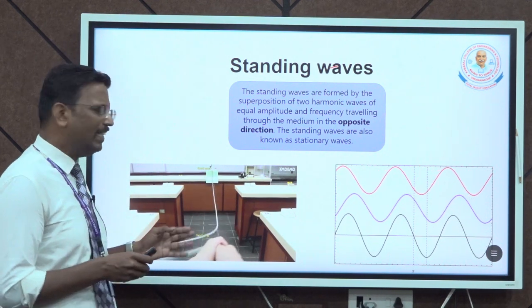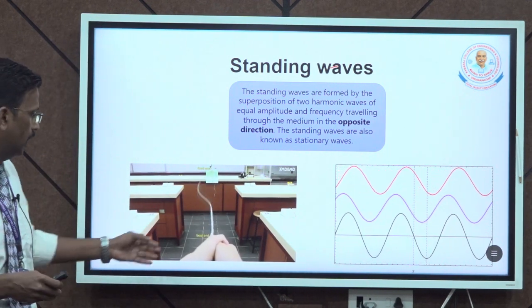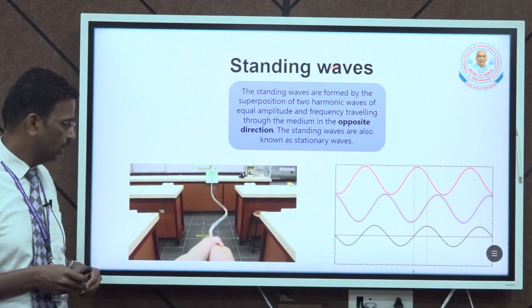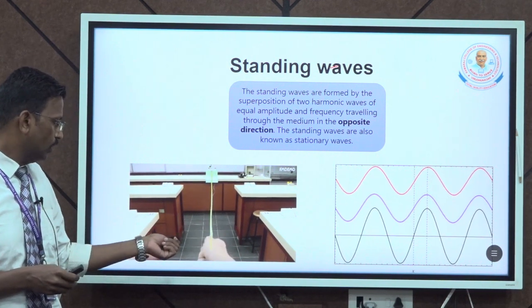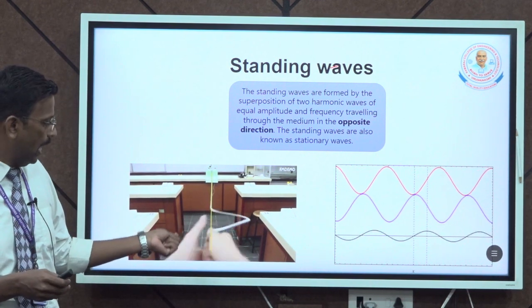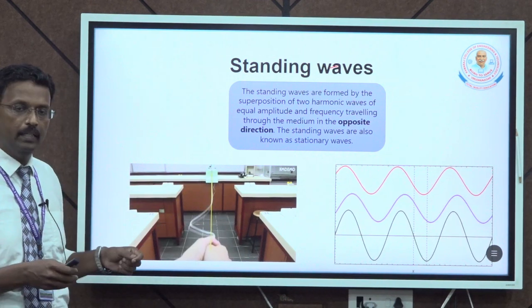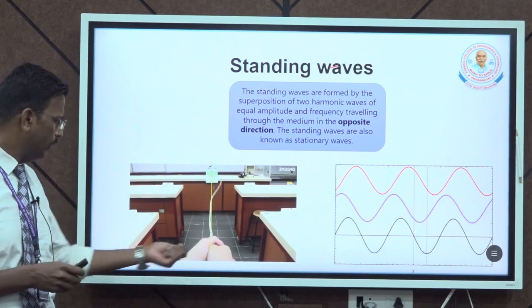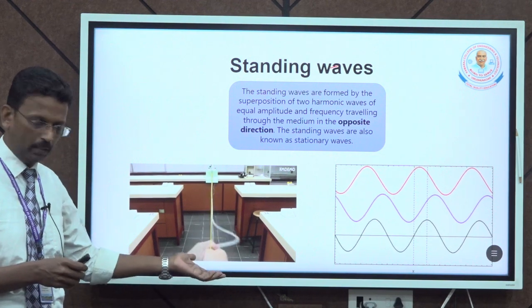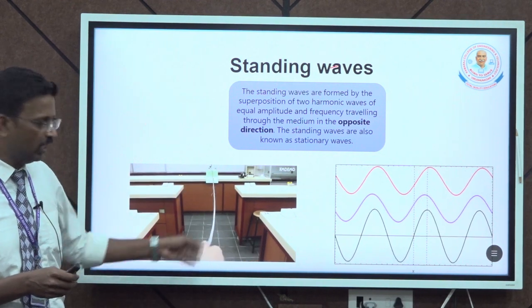So, what is meant by a standing wave? Here you can see one string. The stretched string is held at one end and the other end is fixed. When we give some small vibration to this string, it creates a progressive wave.